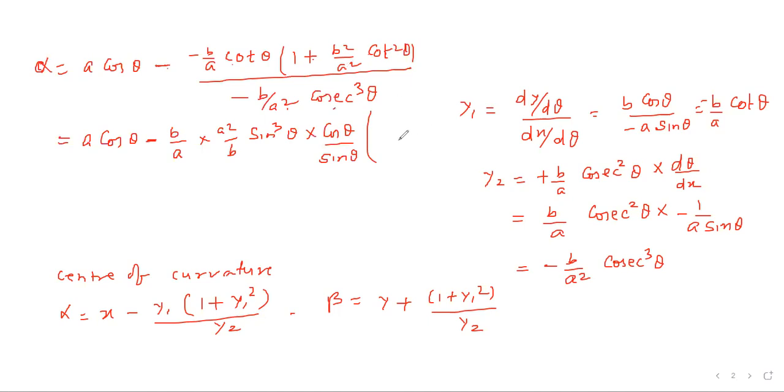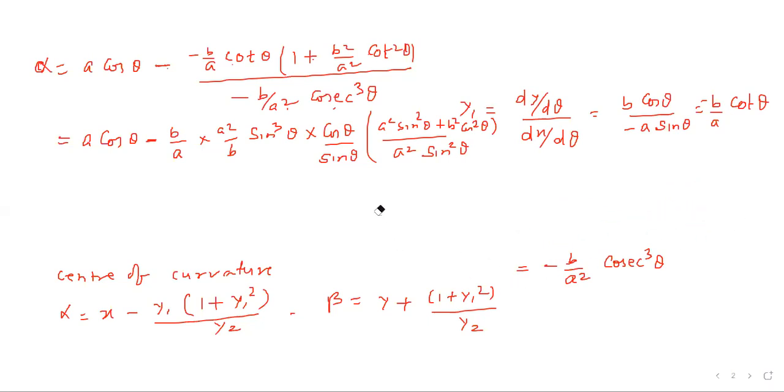If we take LCM here, this will become a square, and this cot square theta can be written as cos square theta upon sin square theta. So the denominator will give sin square theta, and then this will become a square sin square theta plus b square cos square theta. Now we further simplify it.